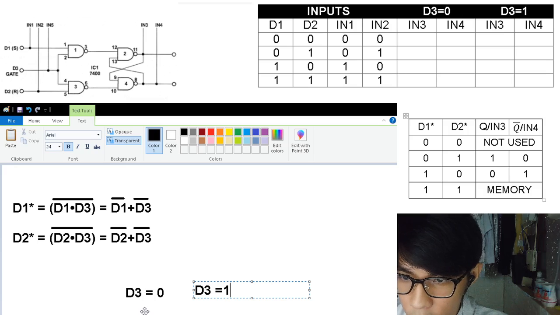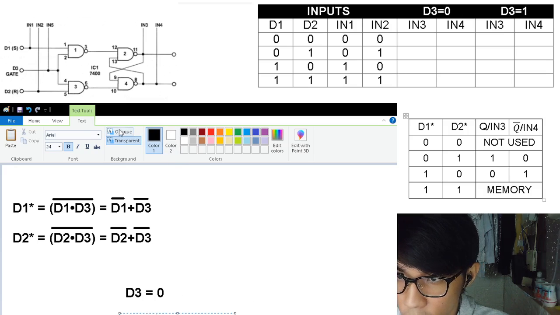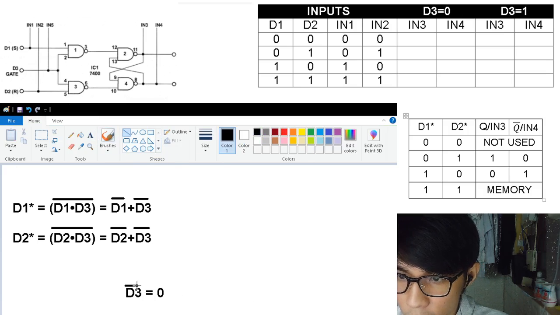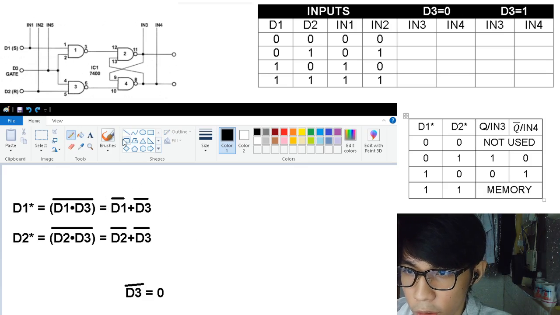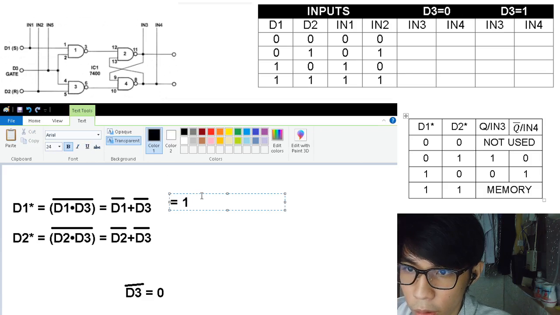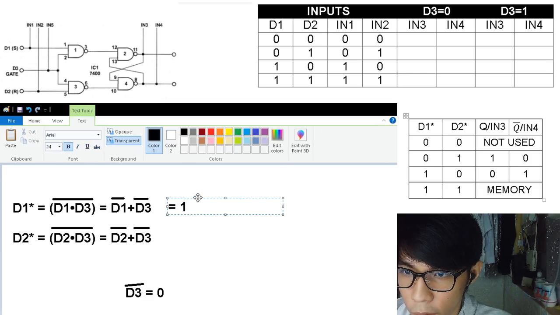Then what will happen to this? It is similar to an OR gate, so whatever the value is, it will always result in 1.